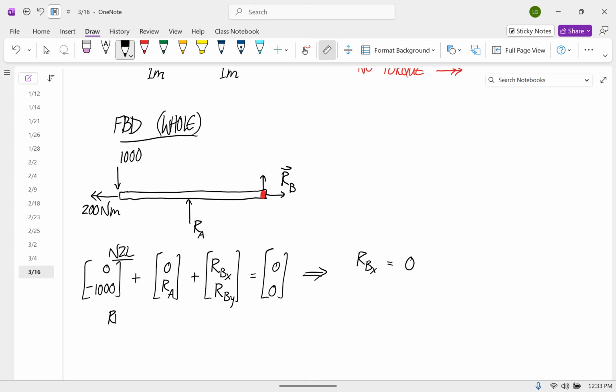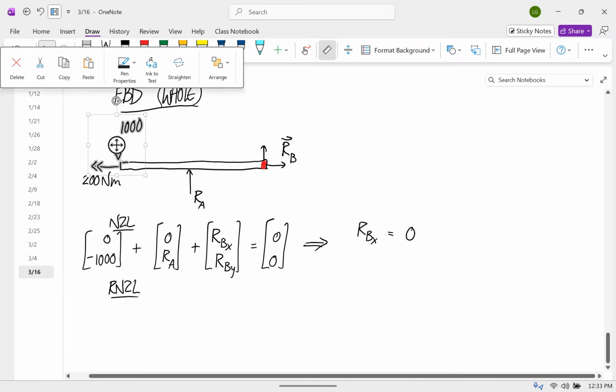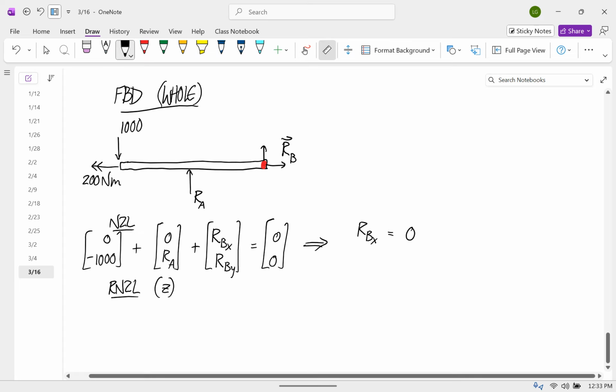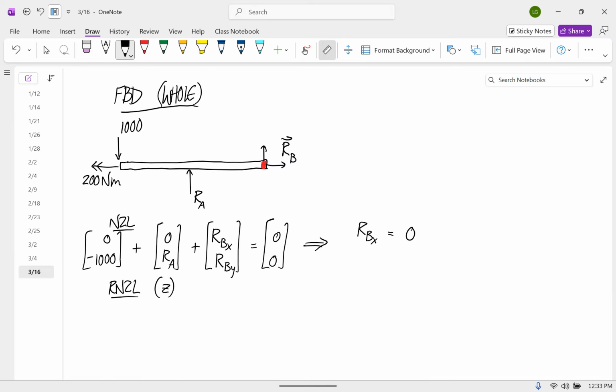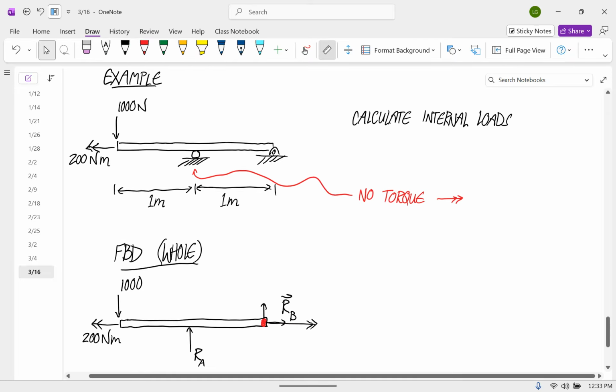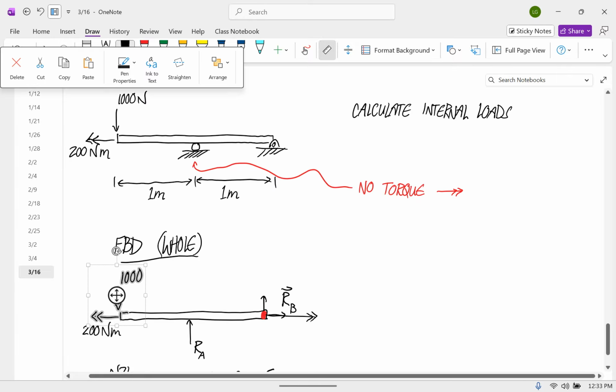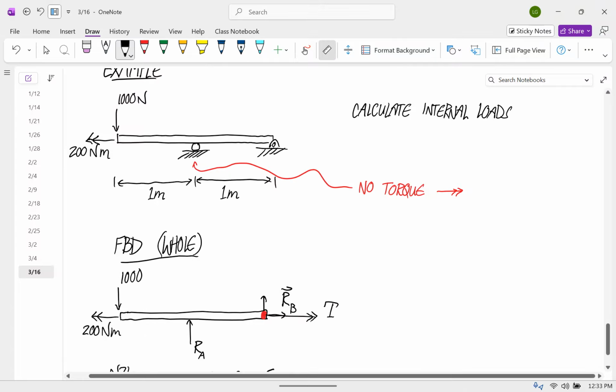And then the moment equation, let's do about the z-axis first. So we have, in our free body diagram, I didn't take into account the fact that that pin joint at the end provides a torque. So I'll call that torque B.